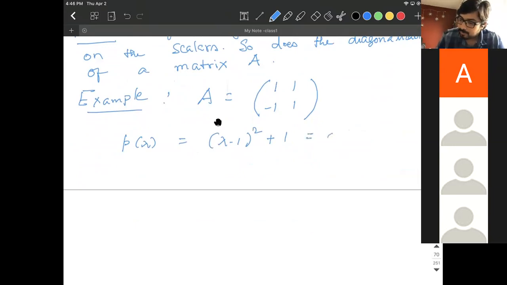Now, if you want to find the roots, if our scalar field is real numbers, then this P of lambda has no root.